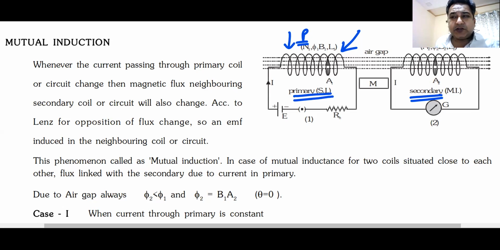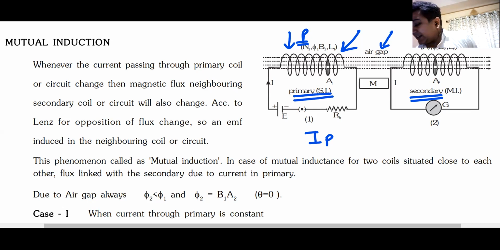Primary and secondary are separated by something known as an air gap. There's a very small gap between the two, the air gap. Now, in this case, where the flux linked in the primary is also linked with the secondary, if I flow a current I1 or IP in the primary, a flux will be linked in the secondary.